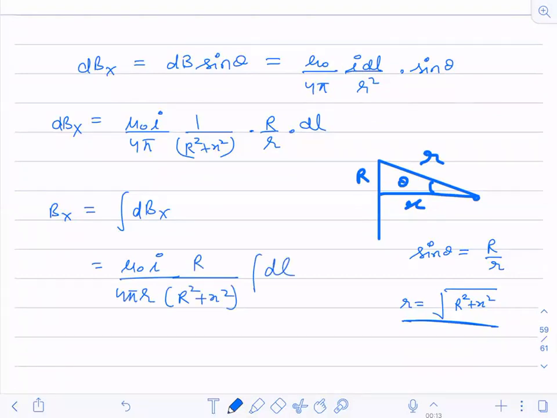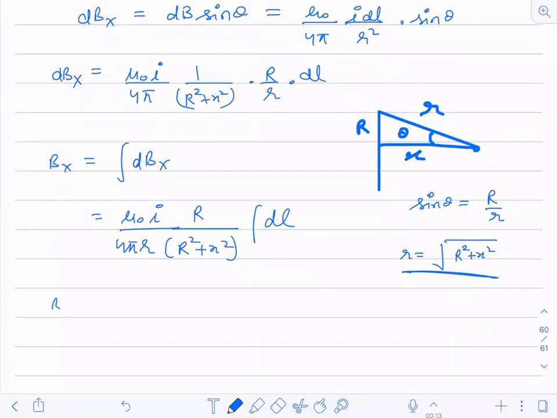If I integrate for this complete ring, what you will get: mu naught I R divided by 4 pi, R square plus x square, into dl, which is 2 pi. What is the radius of the ring? Capital R. So this is the result, 2 pi R.